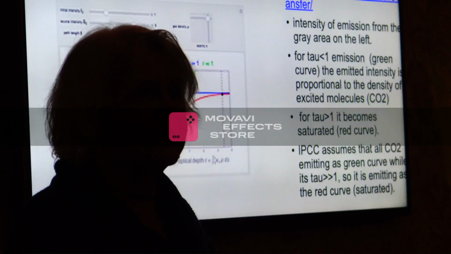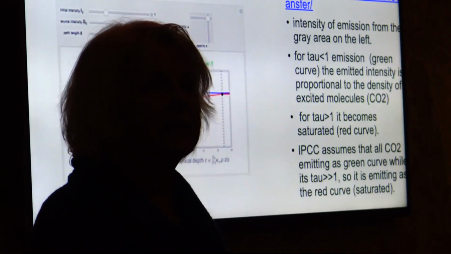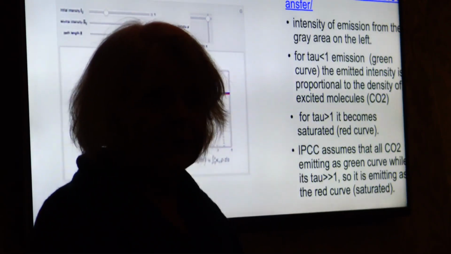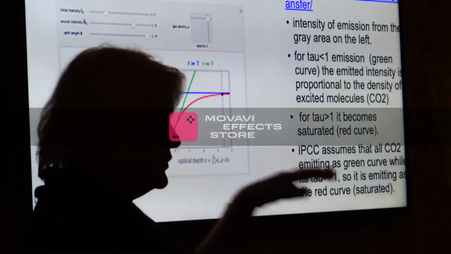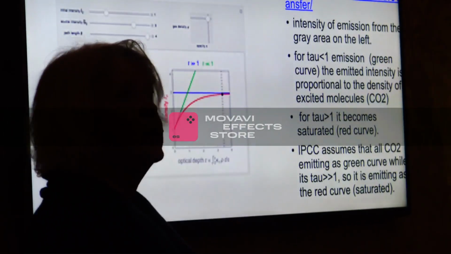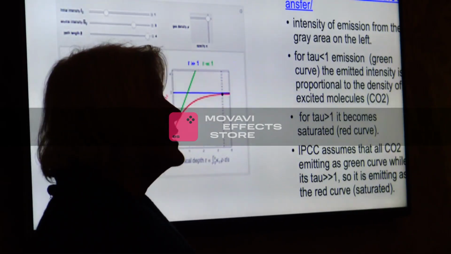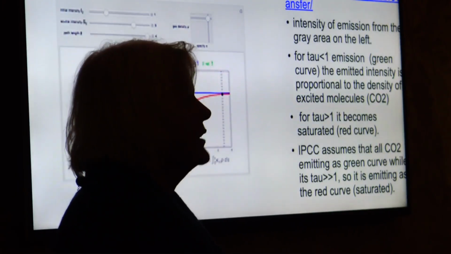So these guys simply made two mistakes. They ignored the sun, and then instead of using the saturated radiation coming to the bottom, to the earth, they used the same coming to the top. And then they said, oh, on the top you have a decrease of the temperature, and they tried to find why.